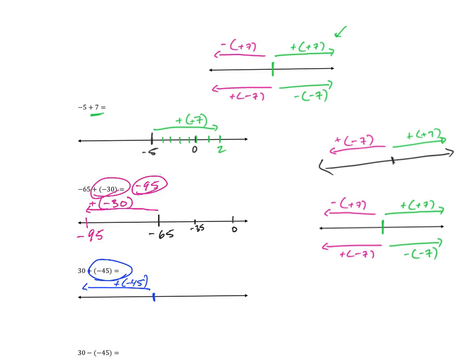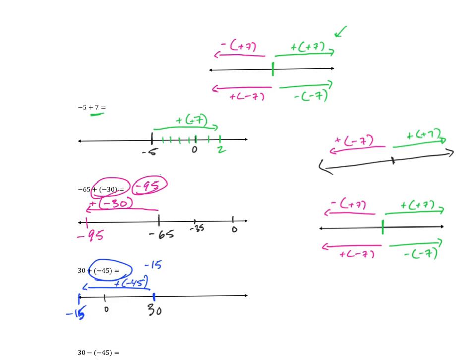But I started at 30, and 0 is 30 away to the left, so where did I land? Well, I went another 15, so this is negative 15. So 30 plus negative 45 is negative 15.